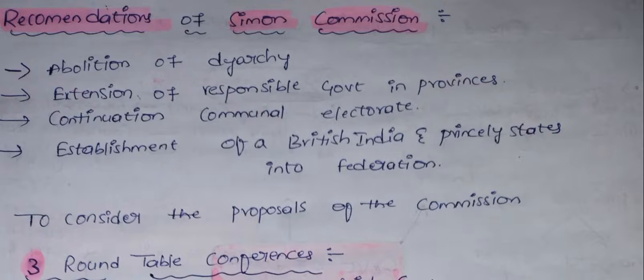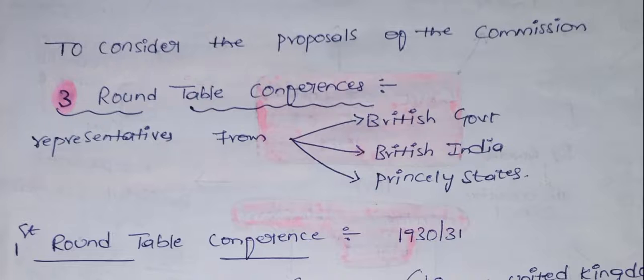To consider those proposals by the commission, the British Parliament established 3 round table conferences. In these conferences, there were representatives from the British government, meaning the English Parliament, and British India, meaning those states directly ruled by the British government, and princely states, meaning independent states in India.